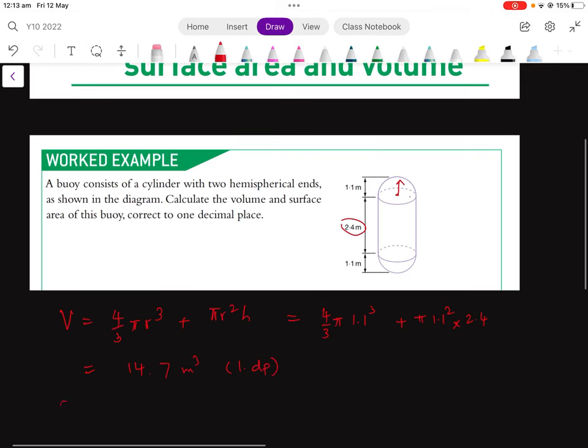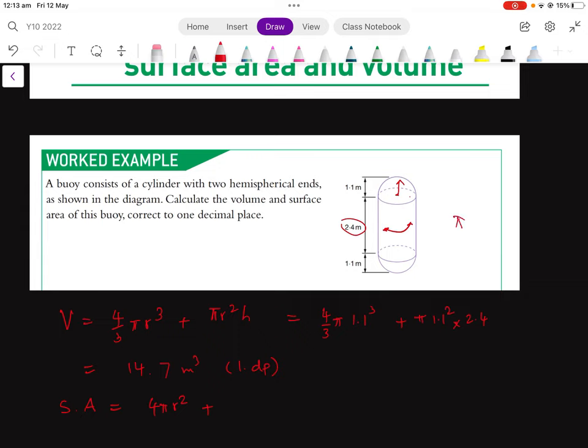Okay, surface area. I have the hemispheres, a complete sphere, and the surface area is 4 pi r square, correct? 4 pi r square plus the area of the cylinder, the outside curved surface, which will be 2 pi r into h. If I open the net for the cylinder, the rectangular face, which is going to be the curved surface.